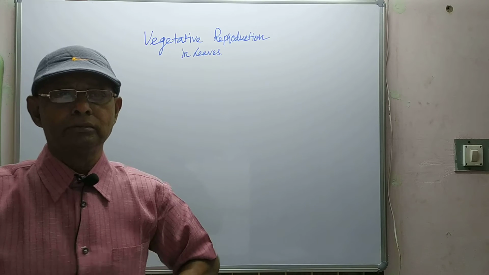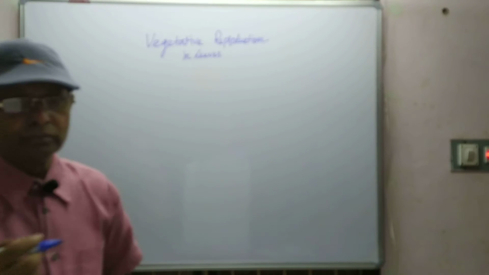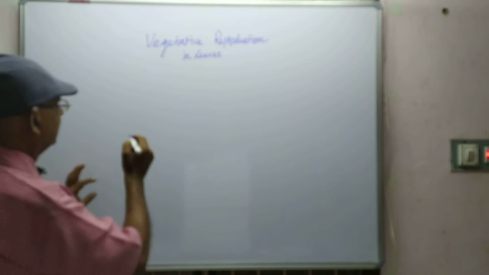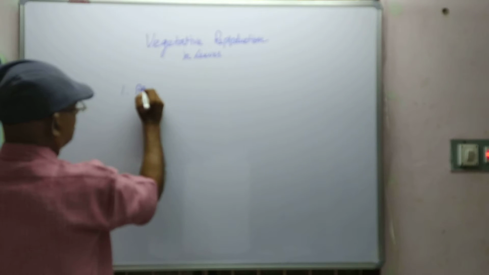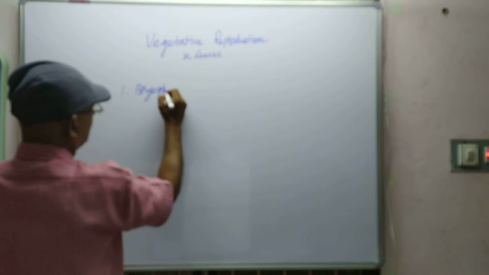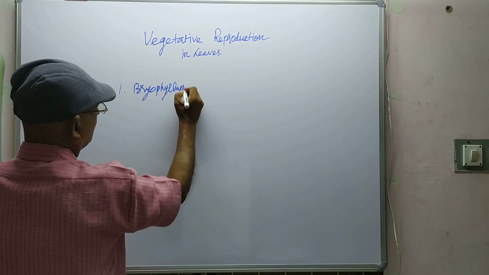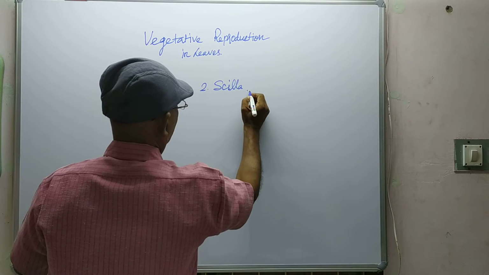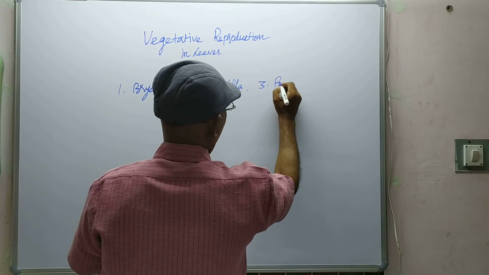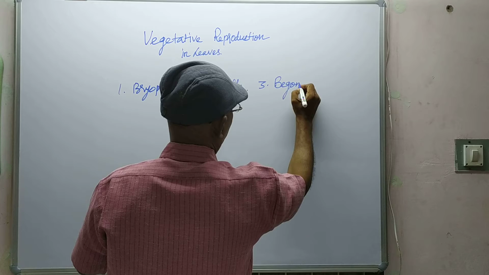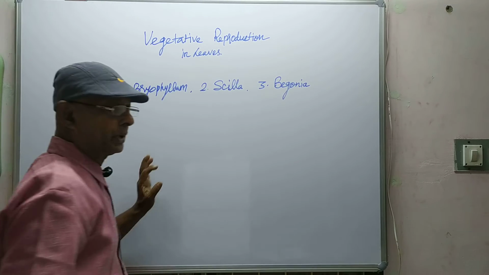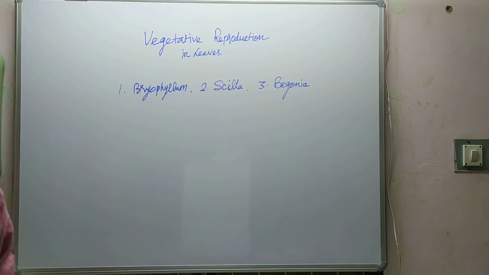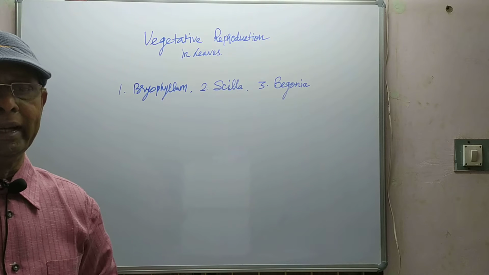For example, Bryophyllum, Scilla, Begonia. In these three plants, vegetative reproduction takes place through the leaves.